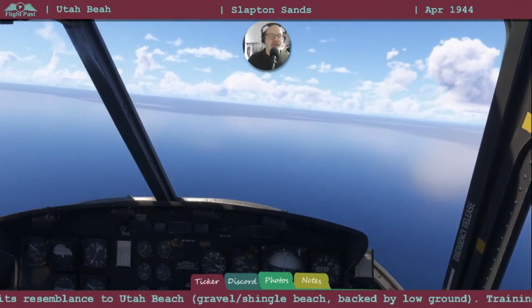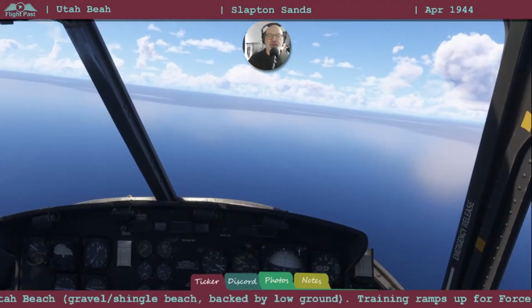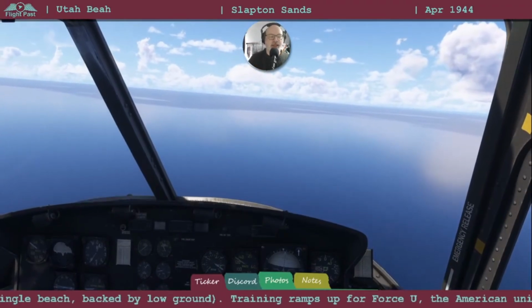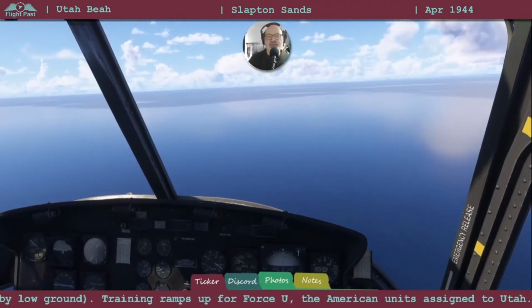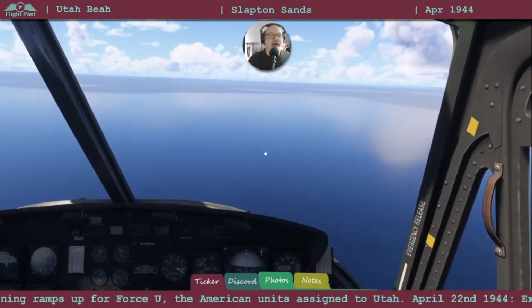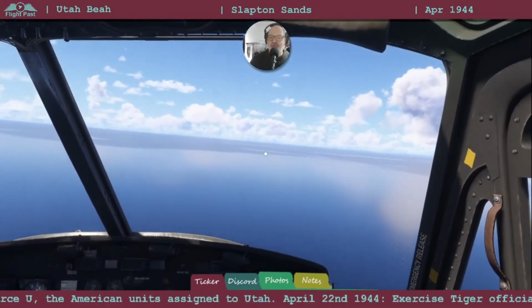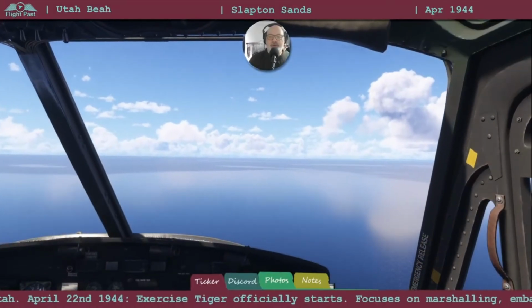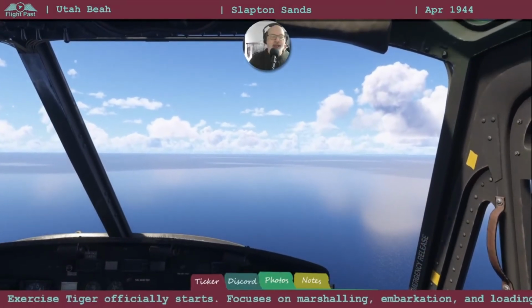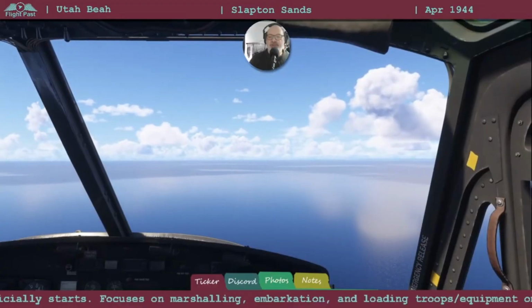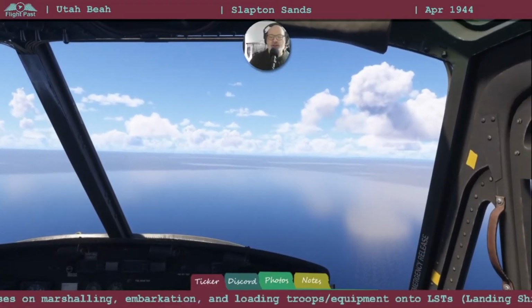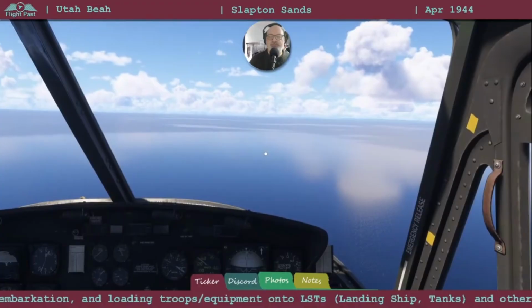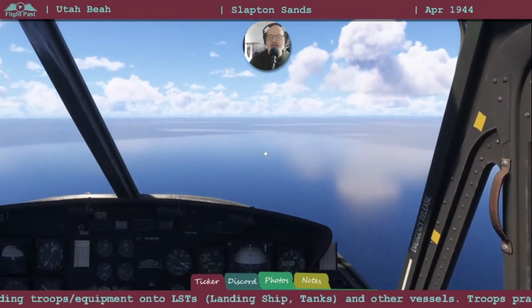Eisenhower insisted that live ammunition was used so that the troops would get used to the sounds of live ammunition, and they would be using these LSTs, these nine large tank landing ships during the exercise.